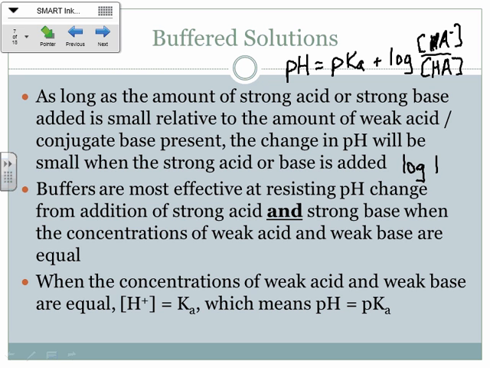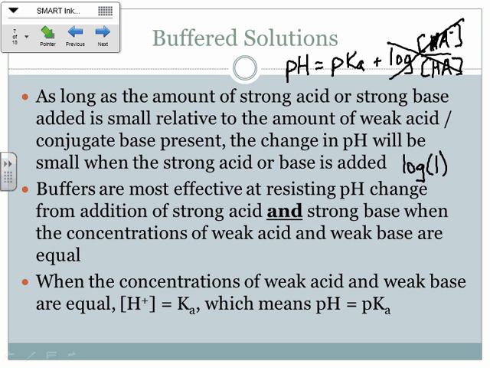Everybody know what the log of 1 is? It's 0, okay? So at that point, when you get the concentration of A minus and HA exactly equal, pH equals pKa. This might be making the lab that you just did make even more sense, right?